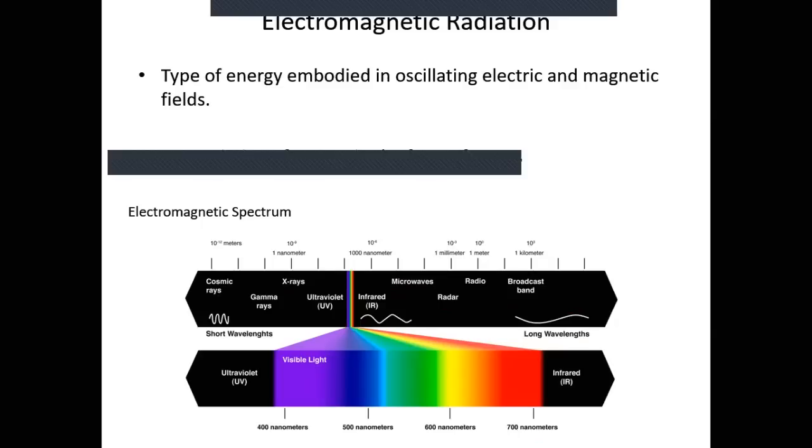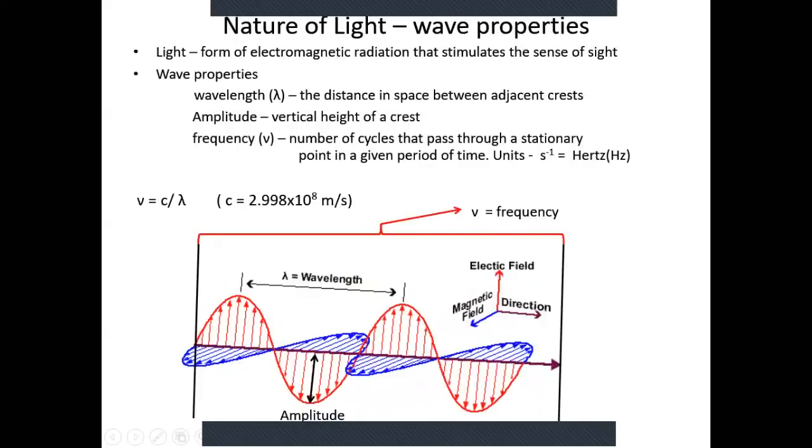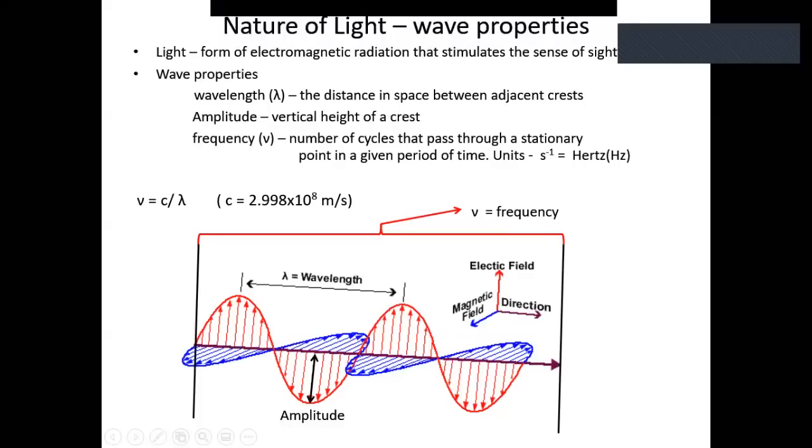Now moving on, talking more about the wave properties of electromagnetic radiation, and visible light, which is a small sliver of electromagnetic radiation from about 400 to 700 nanometers.